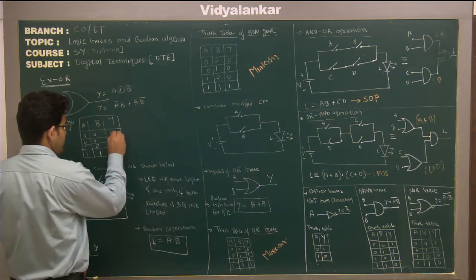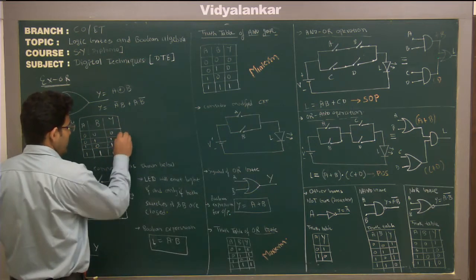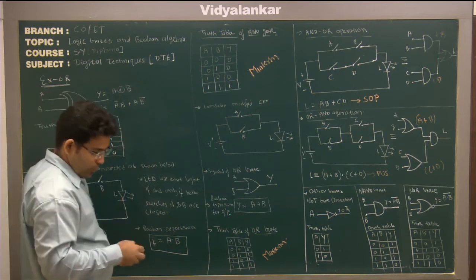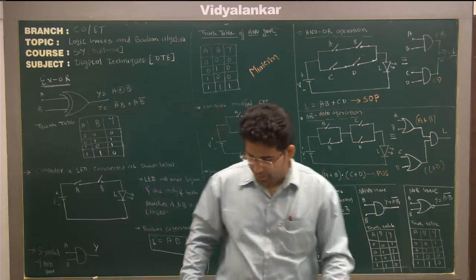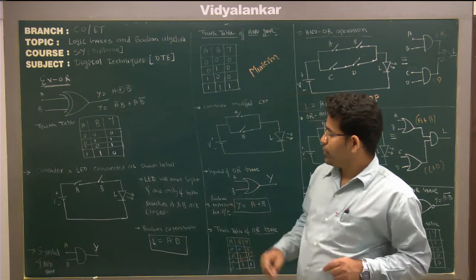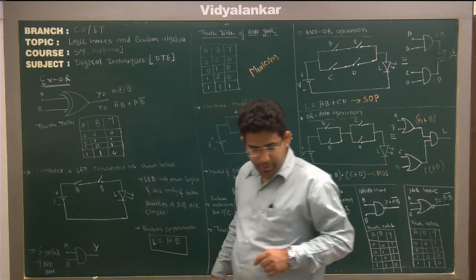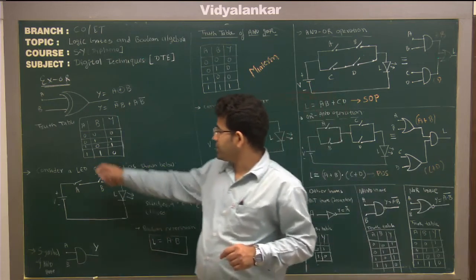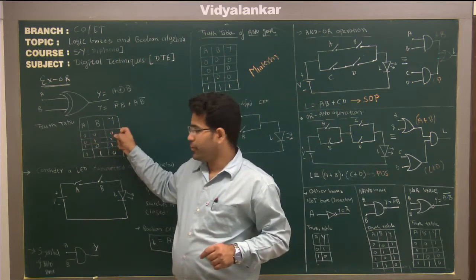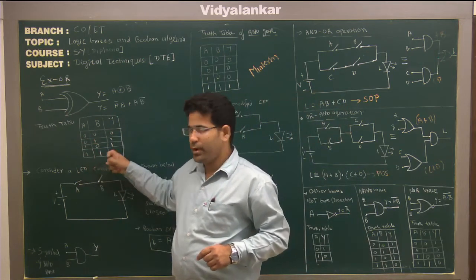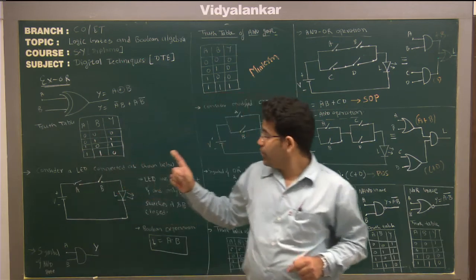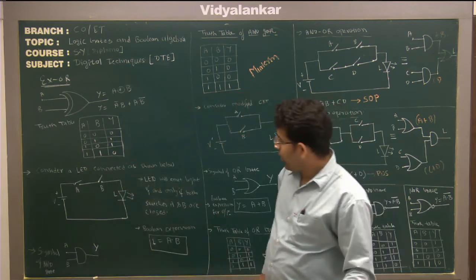So this is 0, 1, 1, 0. So this is exclusive OR. Means in this gate you will get an output as 1 when inputs are different. Right? When both the inputs are same, A is 0, B is 0, output is 0, 1, 1 will again give you 0. So this is your exclusive OR.